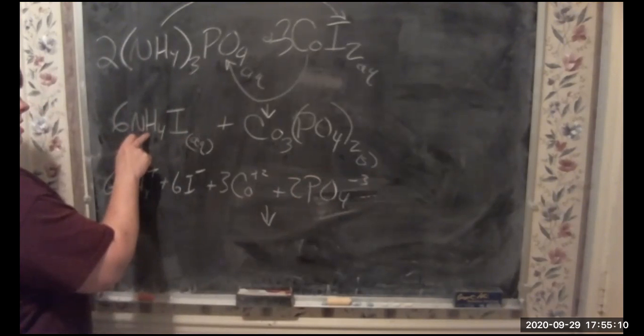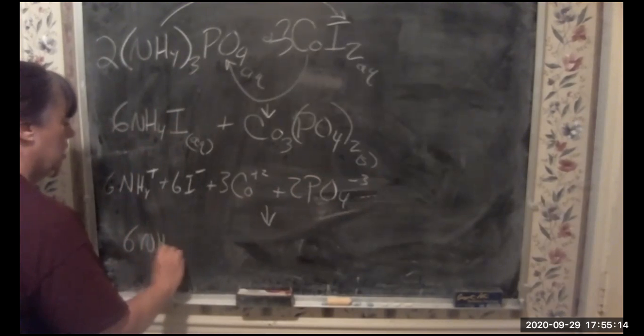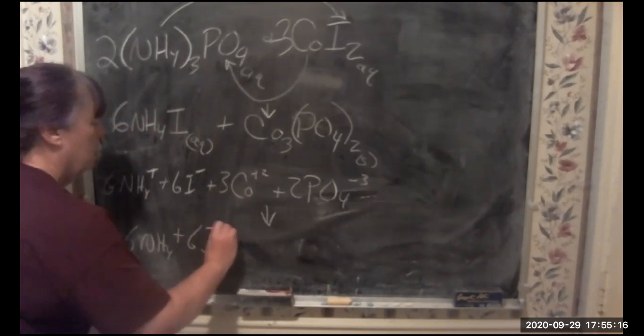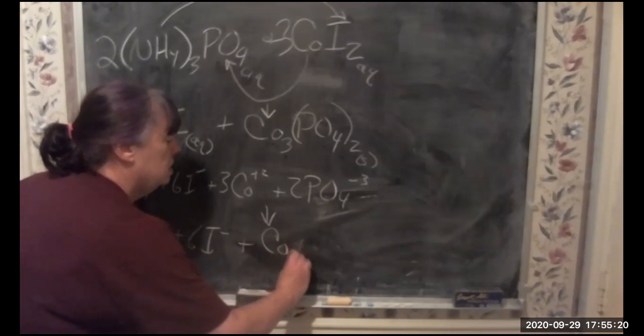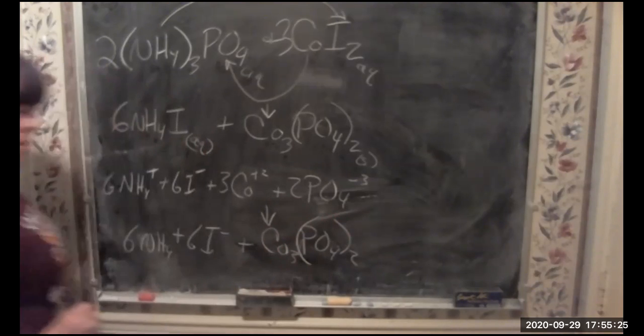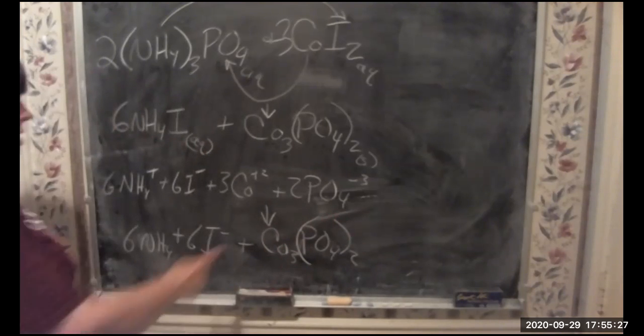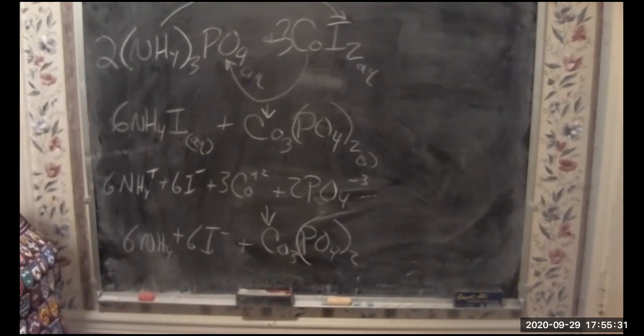So this thing and this thing, I'm going to have 6 ammoniums, 6 iodides, but this is my one that is not pieces. It's got Co3(PO4)2, and that way it's not an ion.